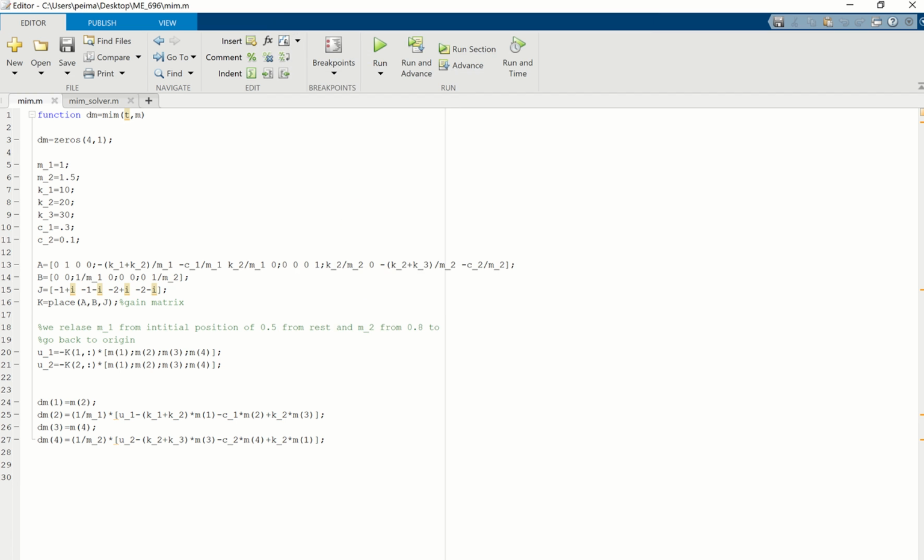Your actuator can be a DC motor or a solenoid actuator, and you have to make sure that the control signal you are sending to your actuator works well, has no chattering, is feasible, and is not saturated, because that would damage your actuator. So that's why you have to look at U1 and U2 in the output.